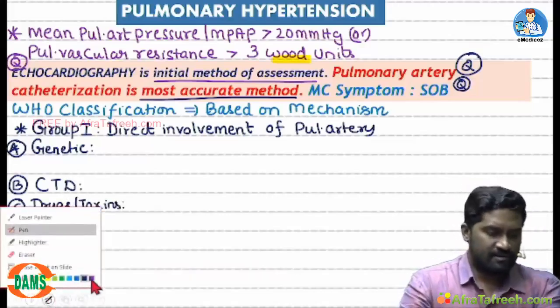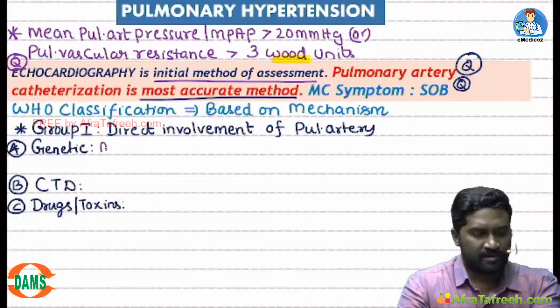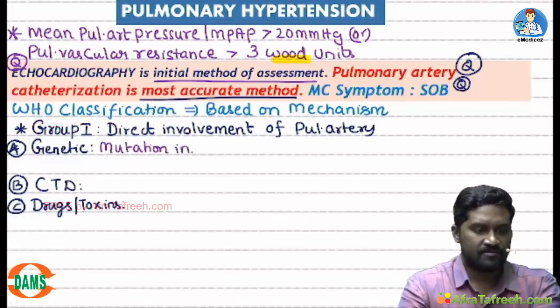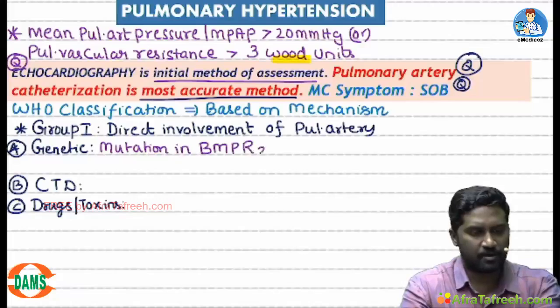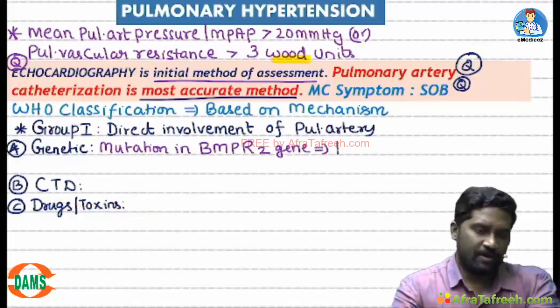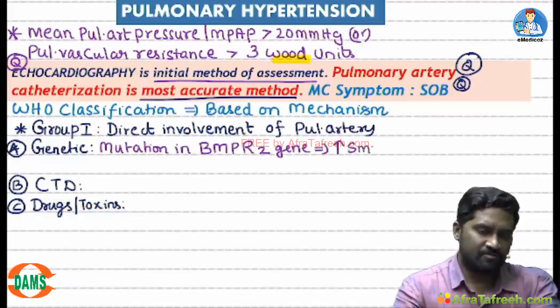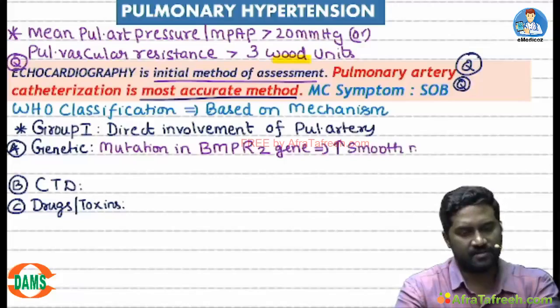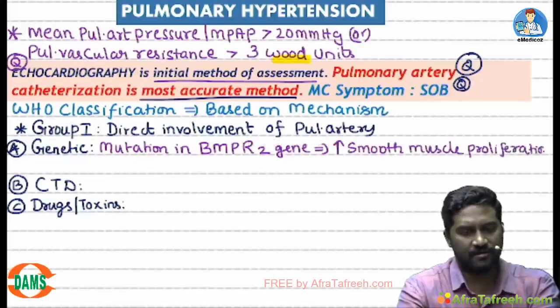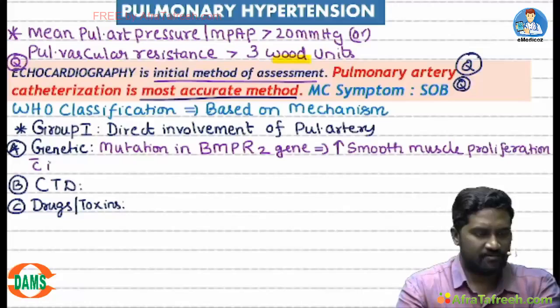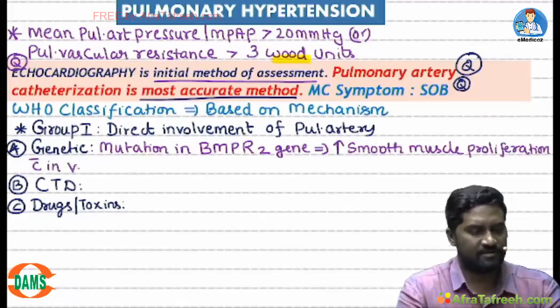Genetic causes: mostly it is due to mutation in a gene called BMPR2. Because of mutation in this gene, there will be increased smooth muscle proliferation within the vessel.